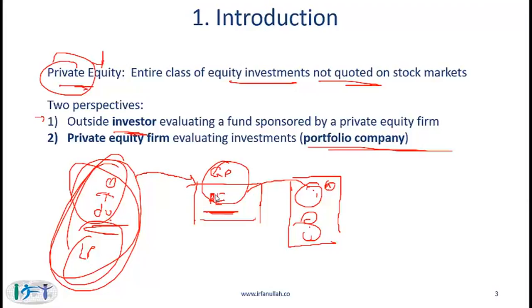They will look at the performance of funds that have been launched by these GPs in the past, and so on. Perspective two is that of the private equity firm. So the private equity firm needs to evaluate companies over here and decide which companies to include in their portfolio. So clearly these two perspectives are quite different, and in this reading we cover both perspectives.